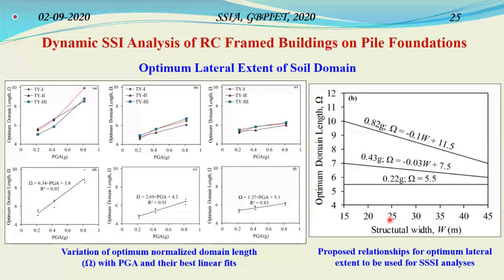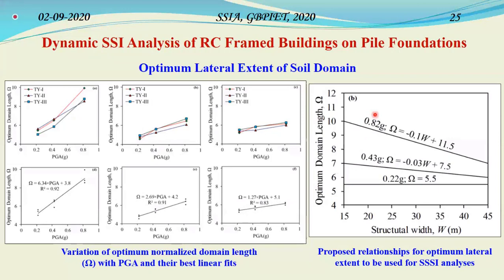So let us say you are analyzing a structural width of 25 meters, and you have a PGA value of 0.22 g. You simply select an optimal domain length in the numerical domain, which is 5.5 times 25. If your PGA is 0.43 g, you choose this particular value of around 6.6, and similarly in the other cases.